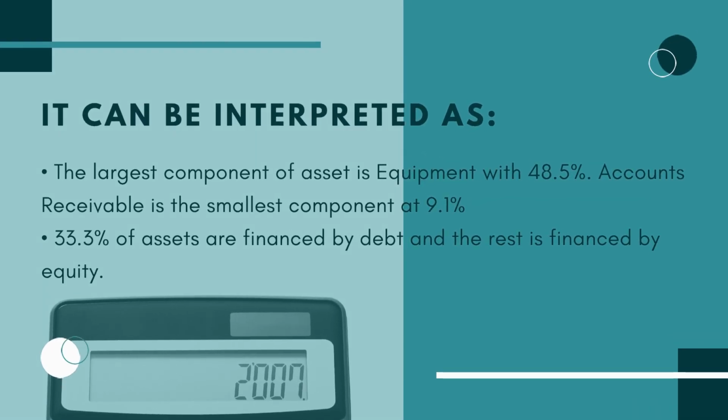It can be interpreted as the largest component of assets is equipment with 48.5%. Accounts receivable is the smallest component at 9.1%. 33.3% of assets are financed by debt and the rest is financed by equity.